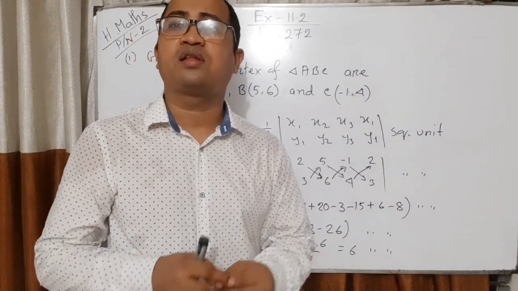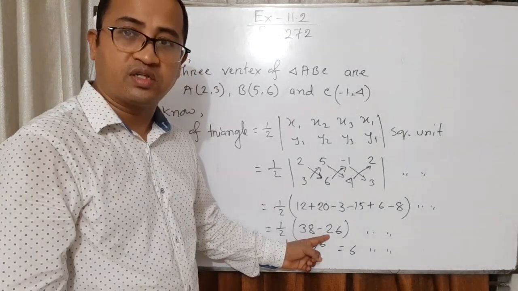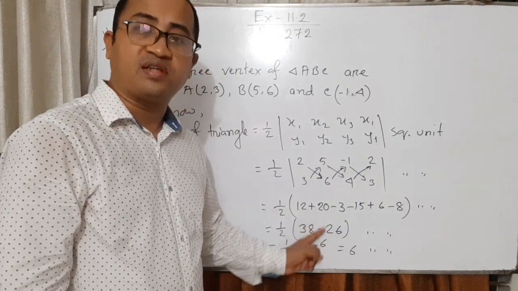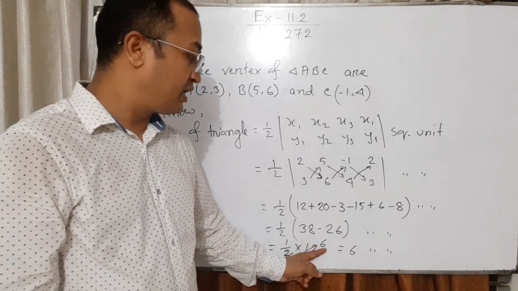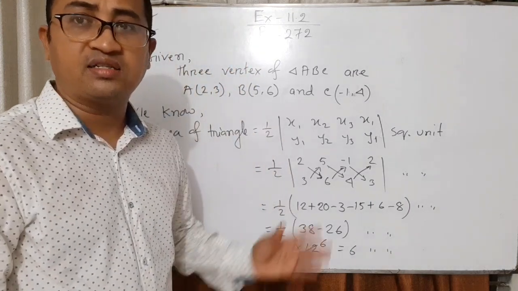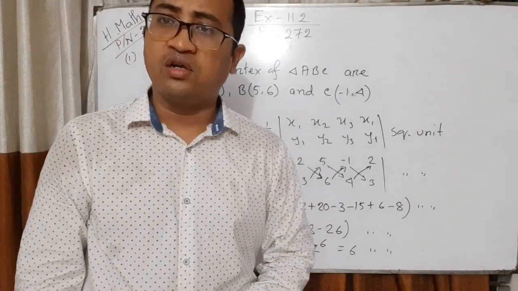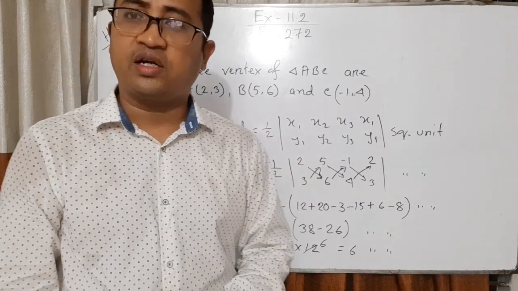We also add these and get -26. Finally we subtract these two numbers and get 12. Now cancel it, you will get 6. The area of this triangle is 6 square unit. This is very simple to use. I hope all of you understood.